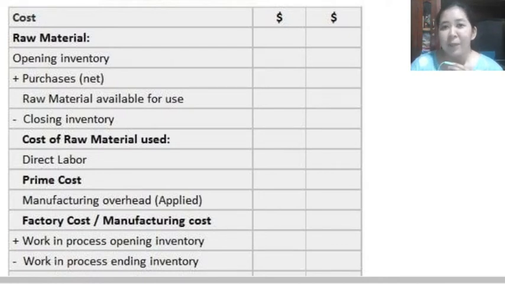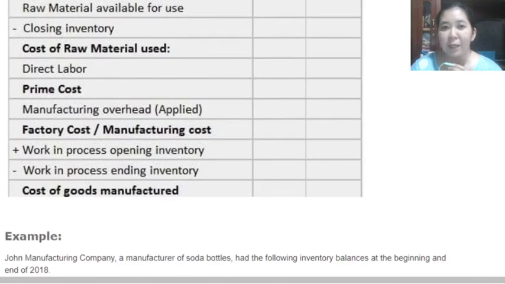So aside from the raw materials, based on our formula, we will add the direct labor. Direct materials plus direct labor is our prime cost. Aside from labor and material, we will add manufacturing overhead applied. When we say applied, meaning these are the actual costs that were incurred.